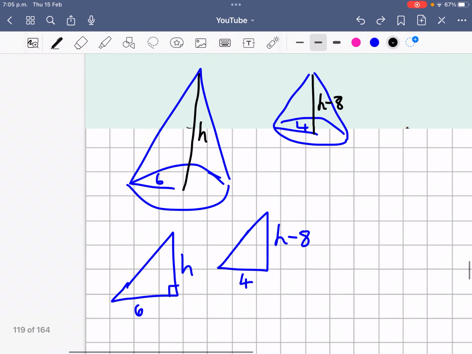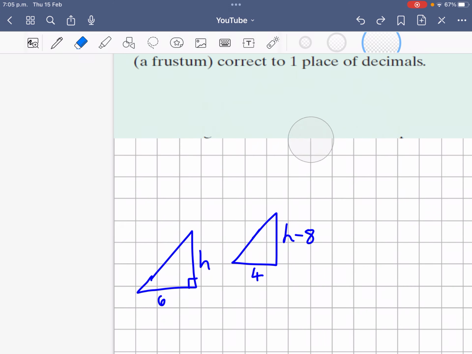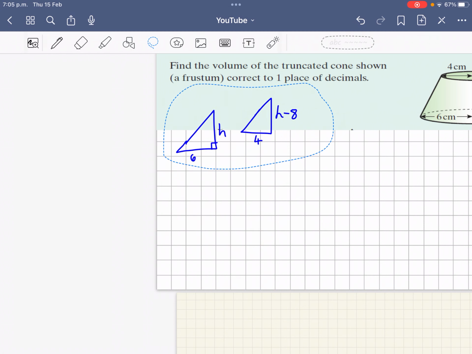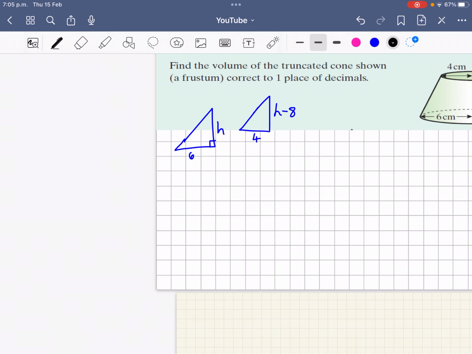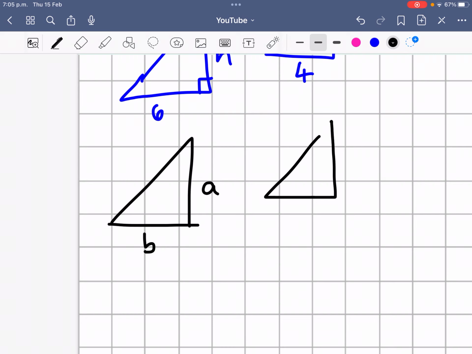Then if we use the ratio of similar triangles, this is a concept you'll learn more about in geometry, but for this question, if in similar triangles, this is A and this is B, they are similar to each other because they have the same angles and there's just a scale factor between them.